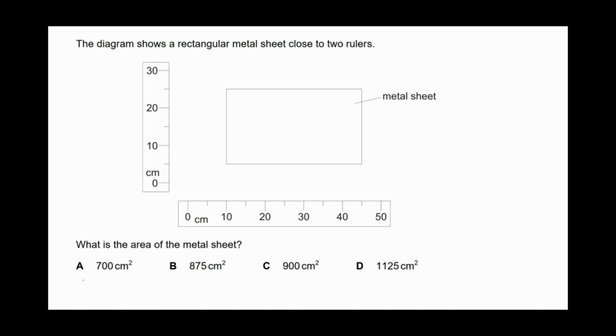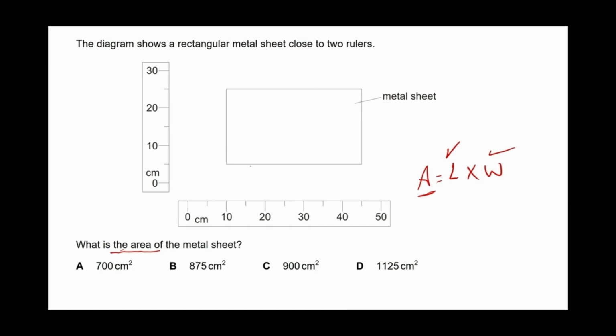Number two, the diagram shows a rectangular metal sheet close to two rulers. This sheet here, and we have here two rulers. What is the area of the metal sheet? Area equals length times width. So if we get the length and width, we can get the area.